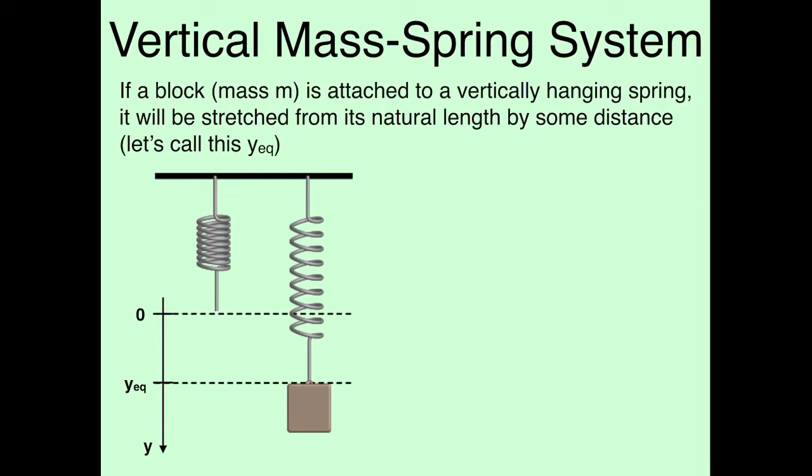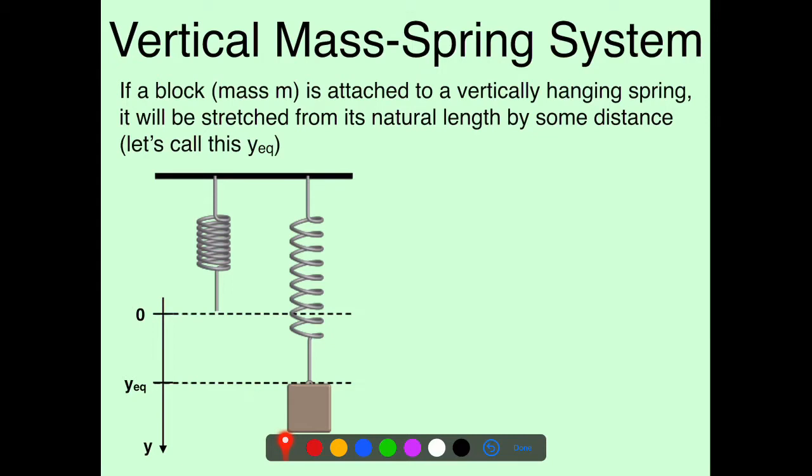So the general problem we're looking at is we have a vertically hanging spring, and right now there's no mass attached to it in this leftmost picture. So it's at its relaxed or natural length hanging in this orientation. So we'll say y is equal to 0.